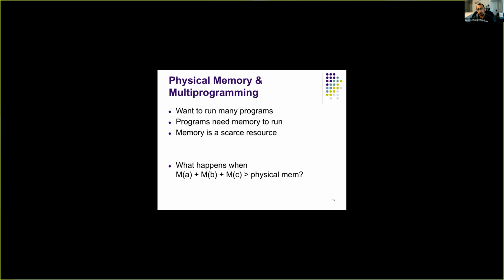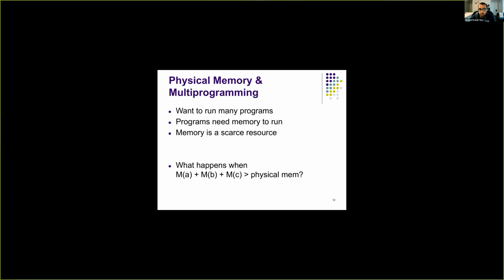And a brief detour. In the case of multi-programming, the memory requirements of all the programs could be more than the available physical memory. For instance, I showed an example in the class where programs request more memory than the available physical memory, right?